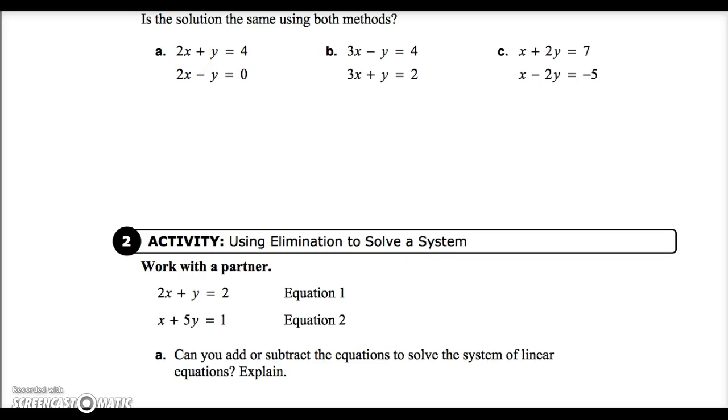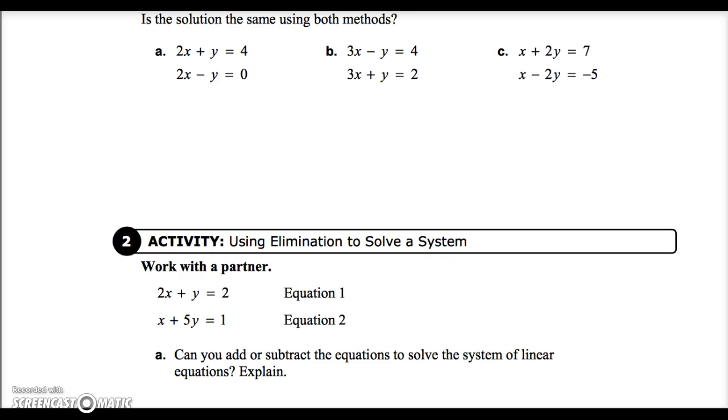You want to see if they are direct opposites of each other. Meaning in one equation you may have a positive 5x, in the other equation you have a negative 5x. One will be positive, one will be negative, and they will both have the same coefficient, the same number in front of them.